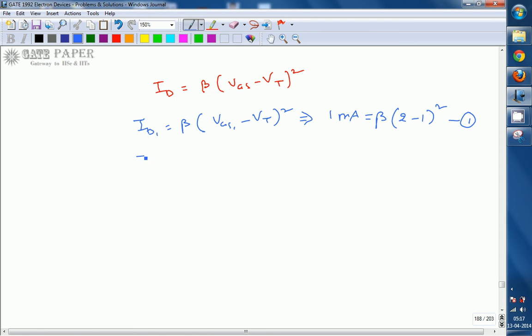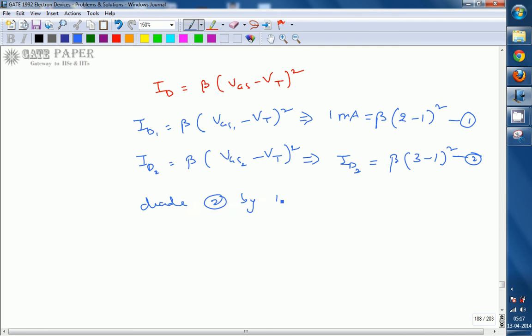The second equation is ID2, the required value, equal to beta times (VGS2 minus VT) whole square, that is, beta times (3 minus 1) whole square. Divide 2 by 1.